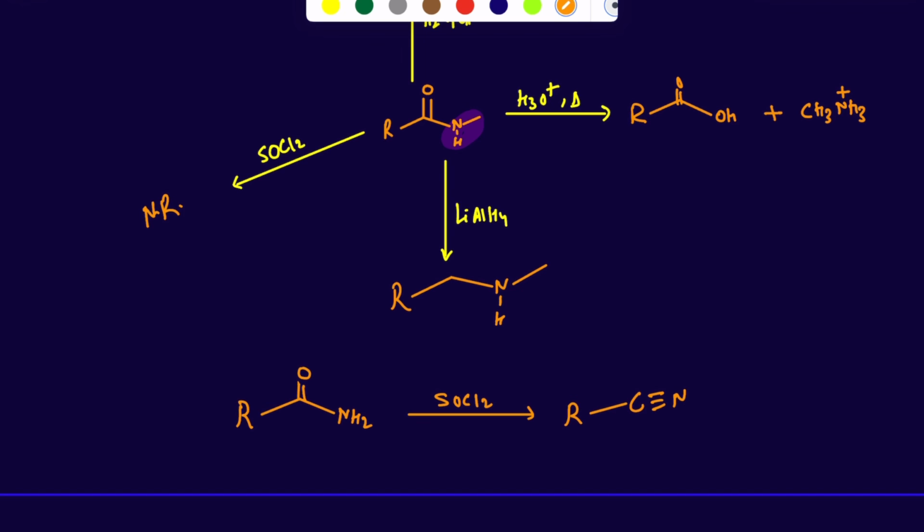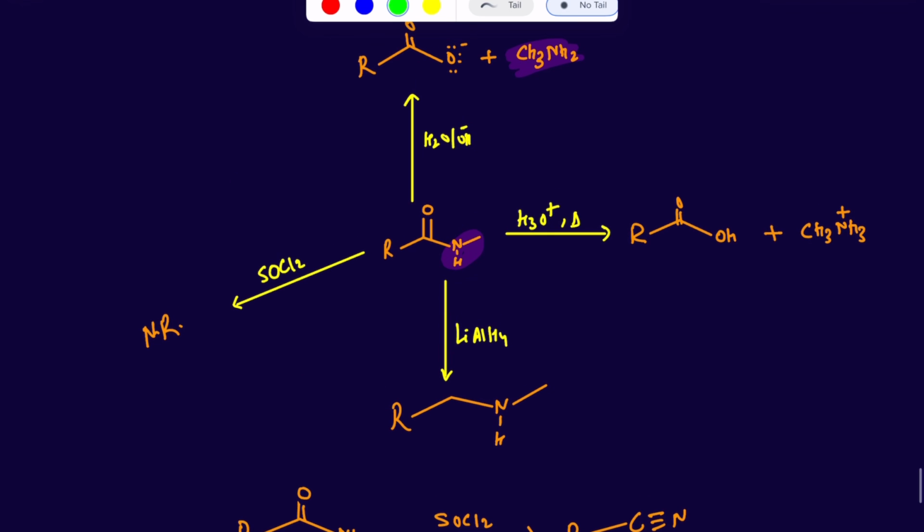Sometimes you see how you make a nitrile from an amide. Now remember, this only works if it's a primary amide. If it's a secondary amide, the SOCl2 doesn't really convert that secondary or tertiary amide to a nitrile, only the primary amide. So these are the most common reactions that the amides will undergo.